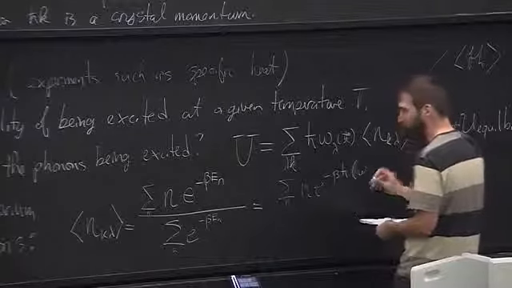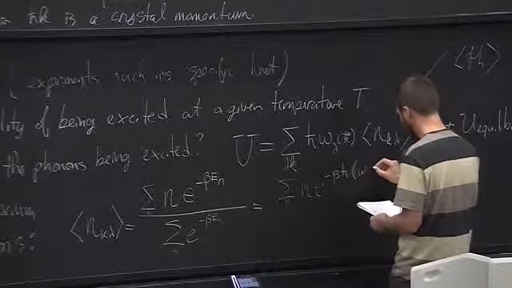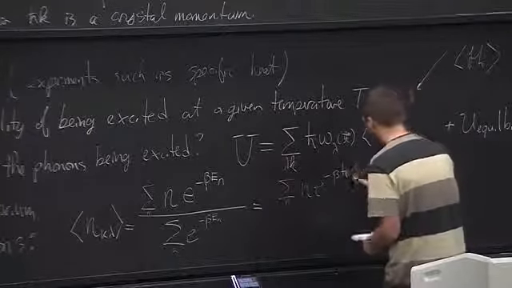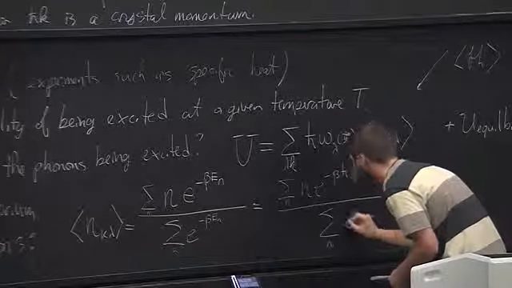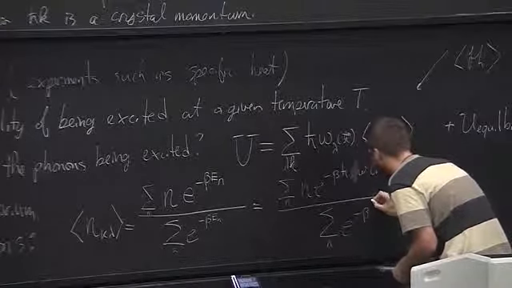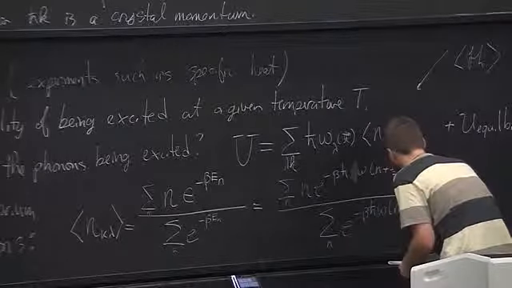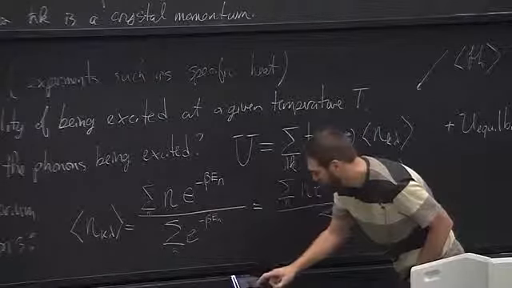I don't want to write all my labels because it's going to look messy, but these are k lambda labels here, n plus a half. You basically have to calculate that sum.